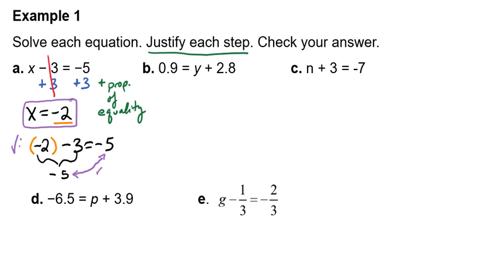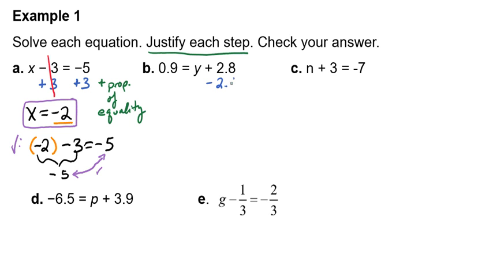Let's move over to our next example where we've got decimals. So here we have 0.9 equals y plus 2.8. And here we're going to try and get the y by itself. So we need to think of what can we do to get rid of the addition. And so we're going to use the inverse of addition, which is subtraction.